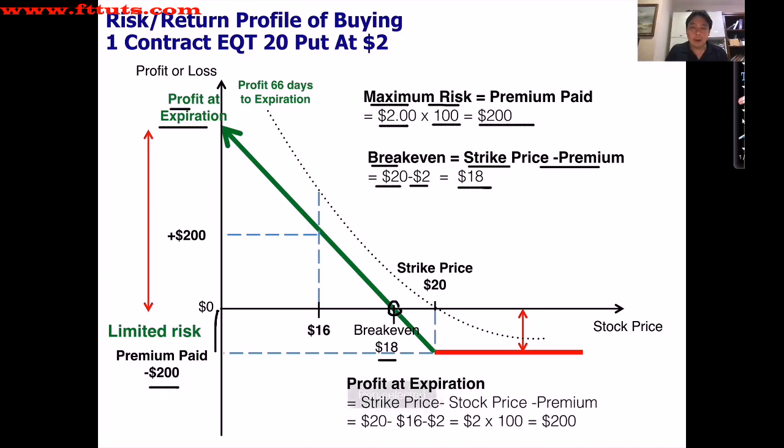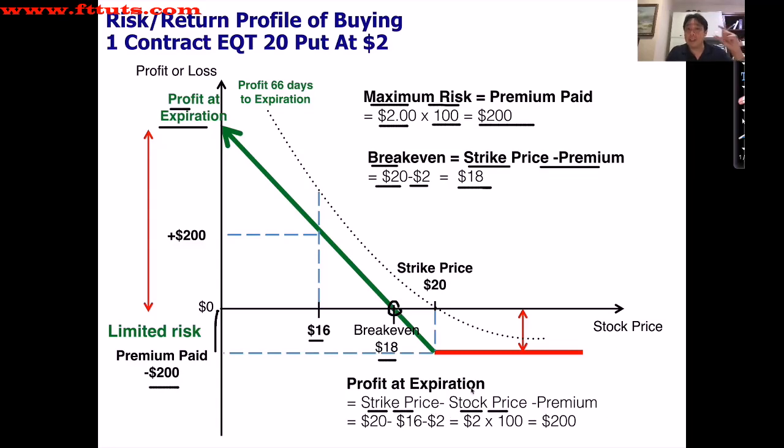Finally, what is the profit I can expect if the stock goes to my target price? So in this case, my target price is $16 based on the chart. I expected it to go to $16. So if the stock goes to $16, what happens? My strike price is $20. So I take my strike price minus my stock price.